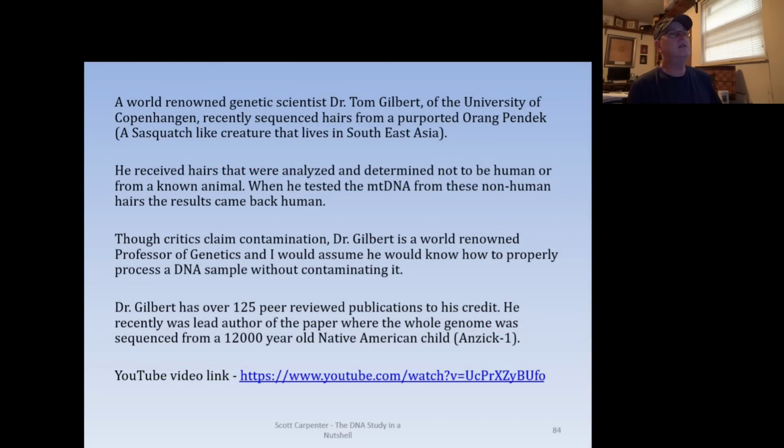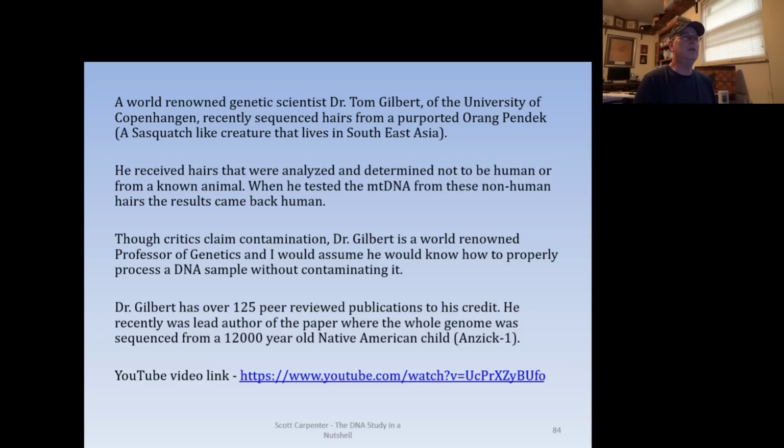World-renowned genetic scientist Dr. Tom Gilbert of the University of Copenhagen recently sequenced hairs from the purported orang pendek, a Sasquatch-like creature that lives in Southeast Asia. He received the hairs that were analyzed and determined to be non-human, or any known animal. When he tested the mitochondrial DNA, the non-human hairs came back as human.